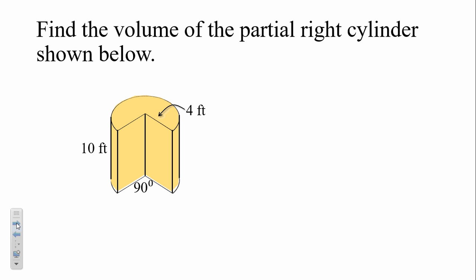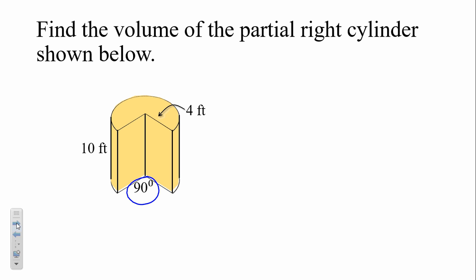Okay? So if you want to find the volume of the cylinder here, or the volume of this big giant wedge of cheese, what we do is we say, hey, what percentage of this cheese do we have? 90 degrees is gone. So how much is left? 270 degrees. Okay? So we've got 3/4 of our wedge still there, don't we?